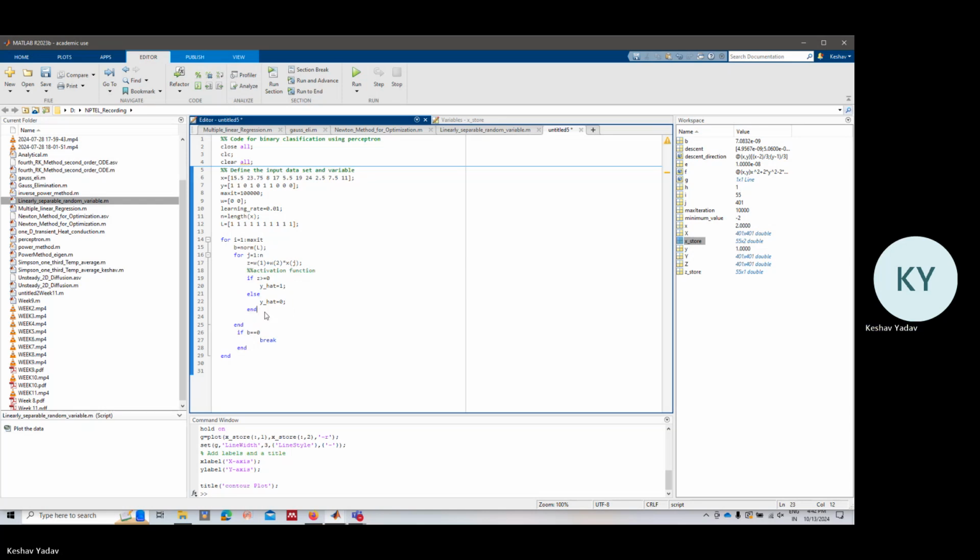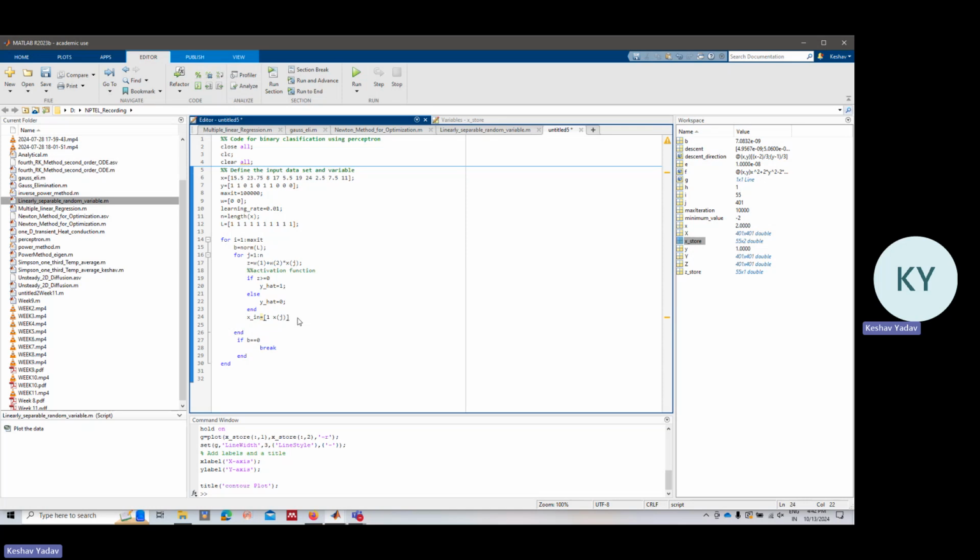Okay. Now what I will do? My x in will be equal to the first variable and Xj.